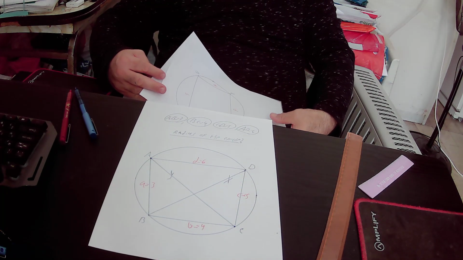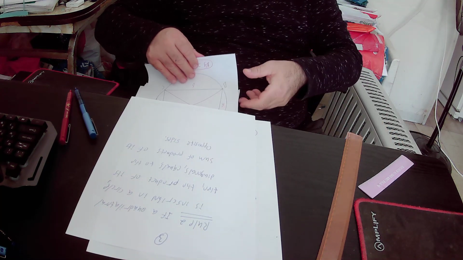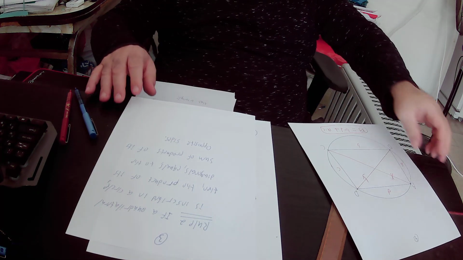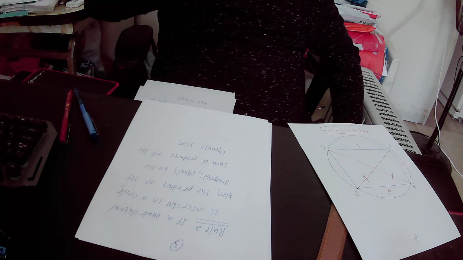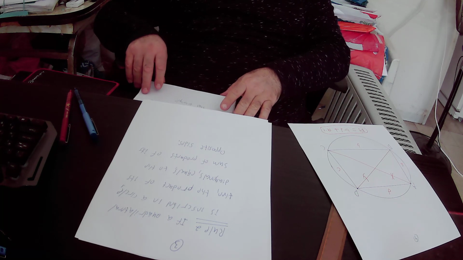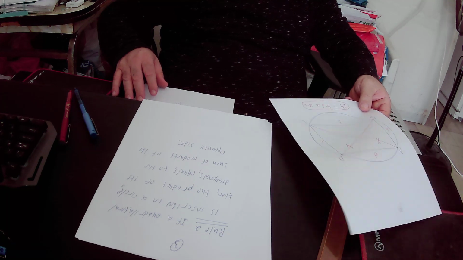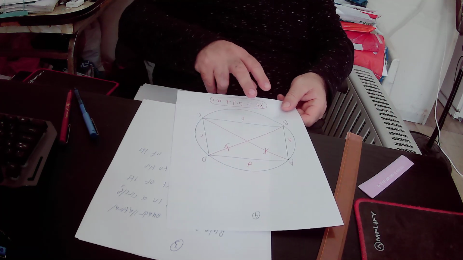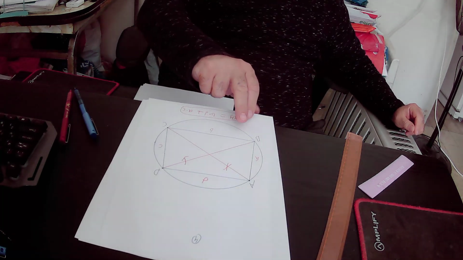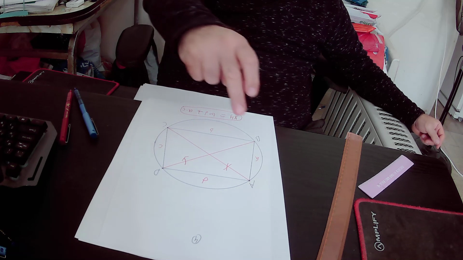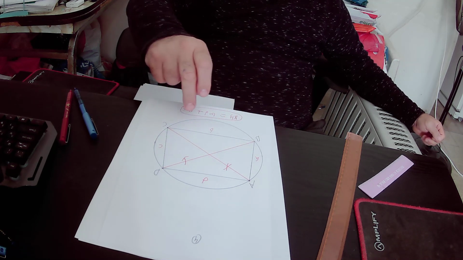And we also have rule number 2. According to rule number 2, if a quadrilateral is inscribed in a circle, then the product of its diagonals equals the sum of products of its opposite sides. So if we have this quadrilateral ABCD, diagonal BD equals y units in its size, and diagonal AC equals x units in its size.